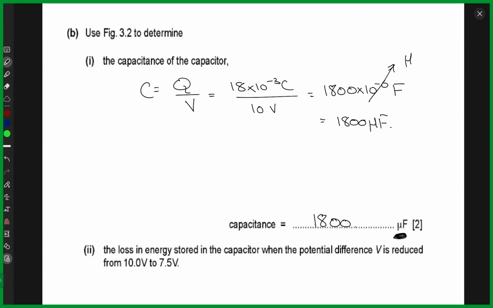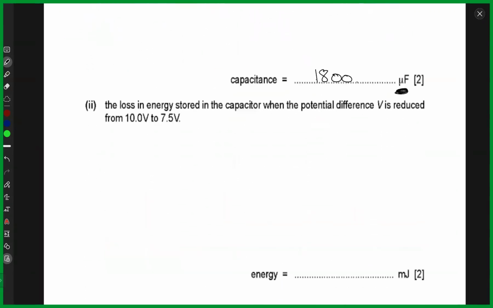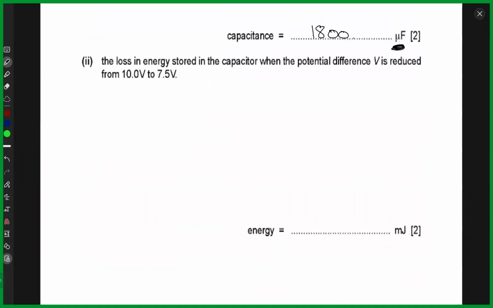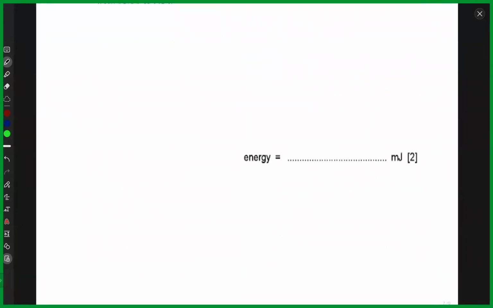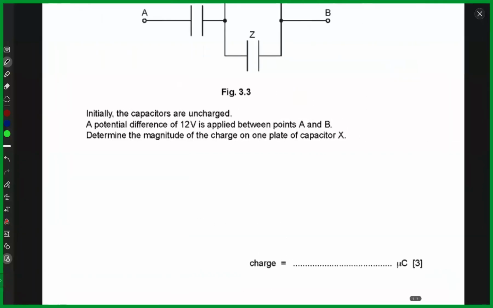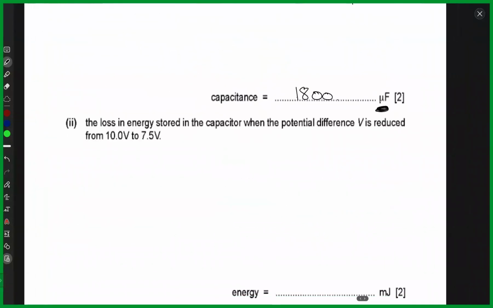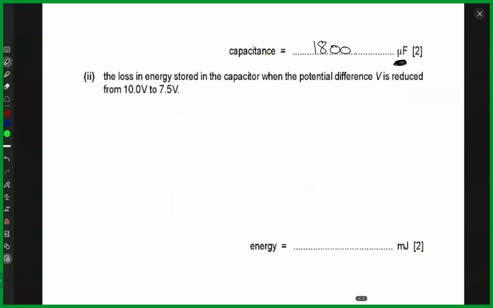All right. So again, it's a similar question. Okay, so the loss in energy stored in the capacitor when the potential difference is reduced from 10 volts to 7.5 volts.